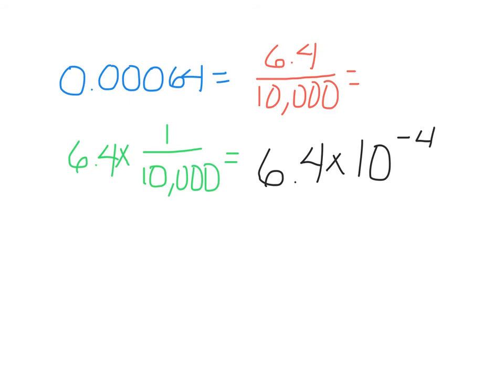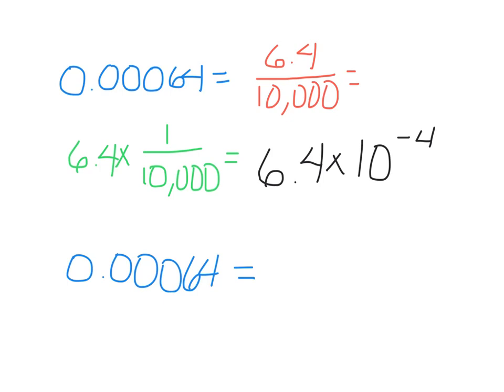So now when you're looking at today's problems and they give you 0.00064 and they say put that in scientific notation, you would take the number and you see your numbers here that are not zeros, the 64, and it needs to be less than 10, greater than 1.